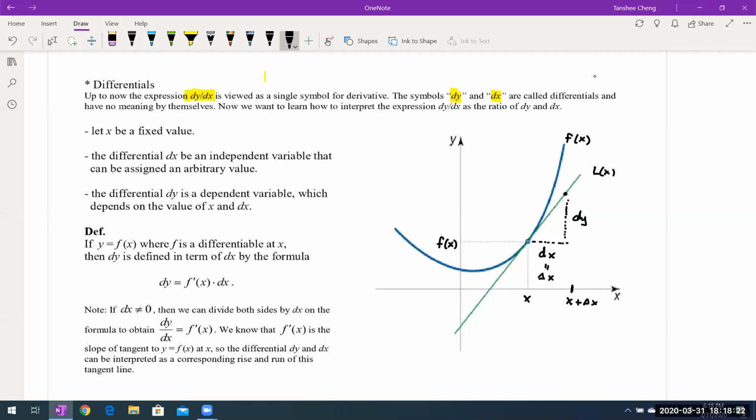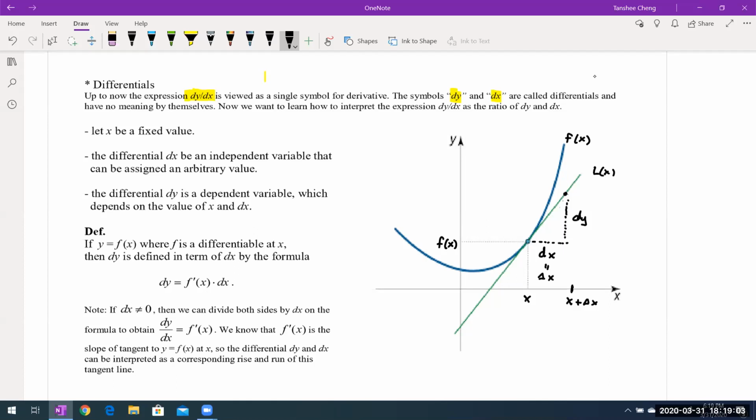So now the slope of the tangent line can be interpreted as dy over dx. So dy is a value and dx is a value. When we talk about the differentials, if y is a function of x, where f is differentiable at x, meaning this function is differentiable at a particular x, then the formula for the differential of y is given by f prime of x times dx.